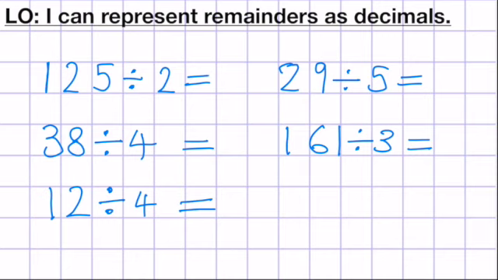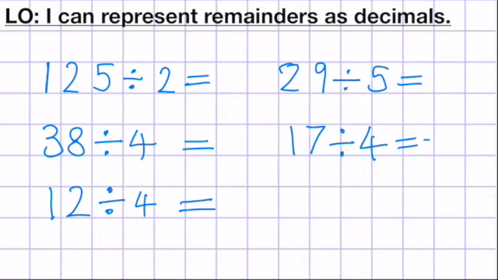So if I rub this out, we'll do 17 divided by 4 instead. So put the yellow, please, in your books. I can represent remainders as decimals. And then I would like you to please complete those, and then I will go through the answers with you. Press pause and then we'll do it together.